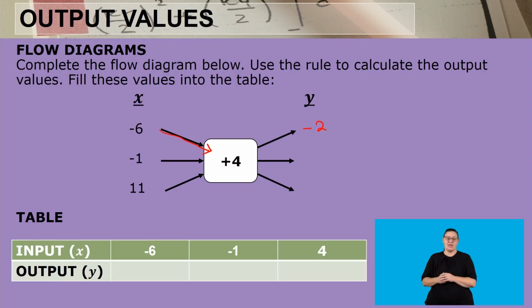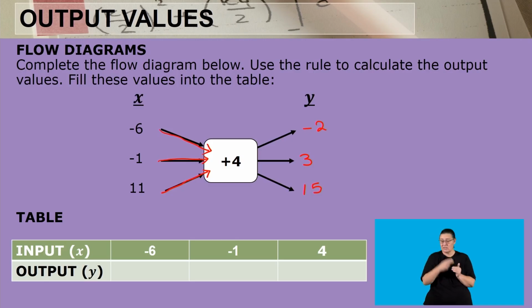Then we have -1, and when we add 4 to -1, what answer do we get? Well, if you are thinking of a 3, then you are correct. And then what about 11, and we add 4, what answer are we going to get? Yes, the answer is a 15. So those values are our output values, the answer.